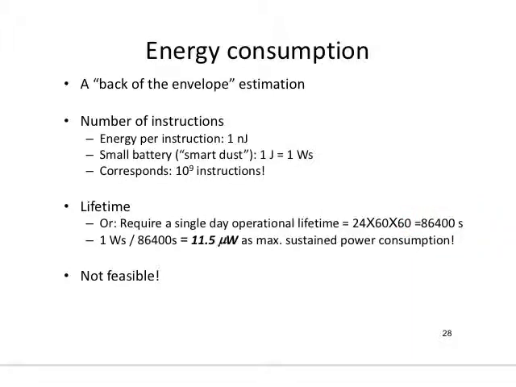So if we assume 1 joule, that means we have 11.5 microwatt as a consistent energy that can be extracted from the sensor board for one single day, to keep the sensor operating for one full day continuously. This is the amount of power you can draw.